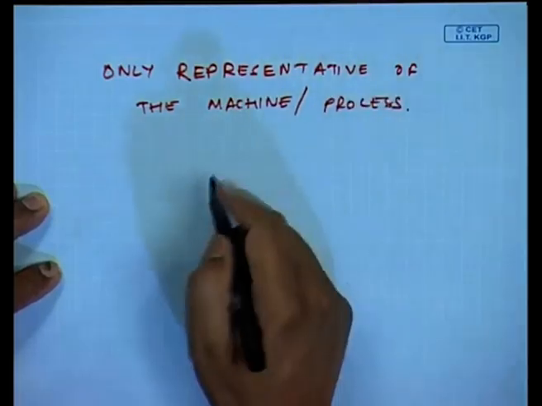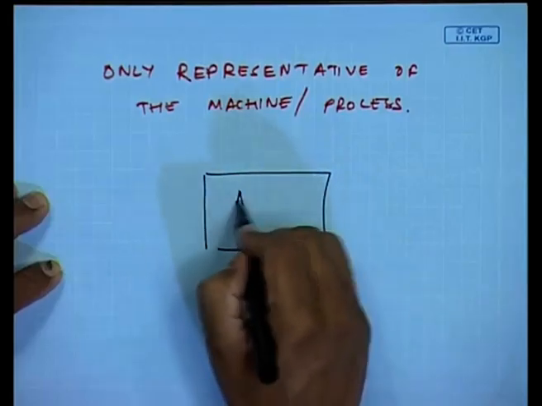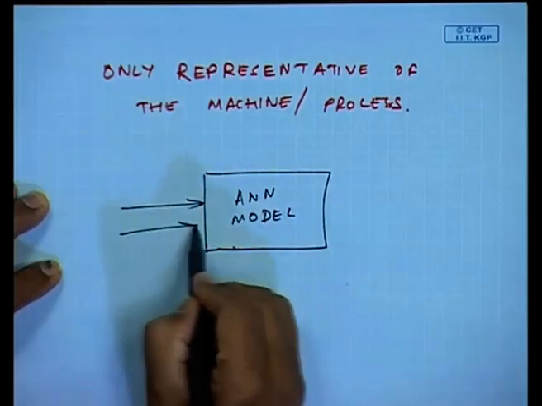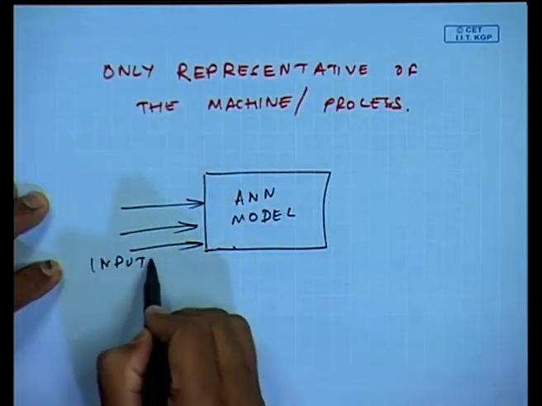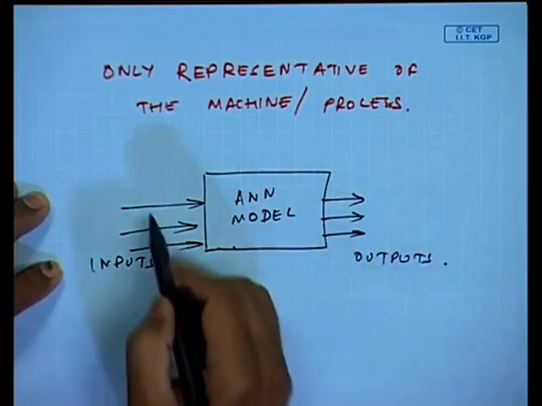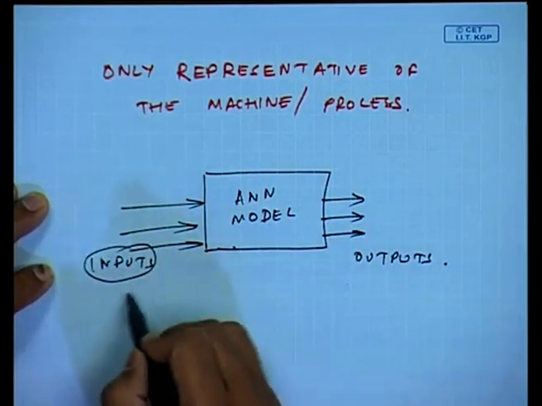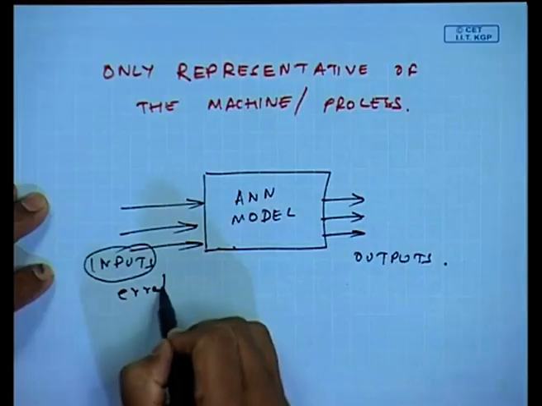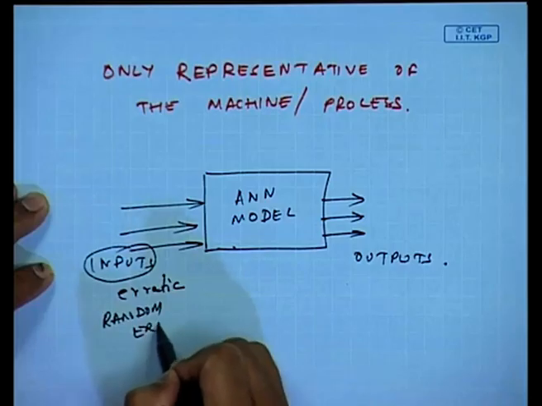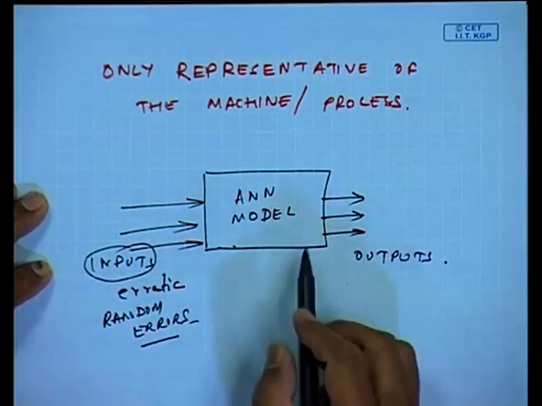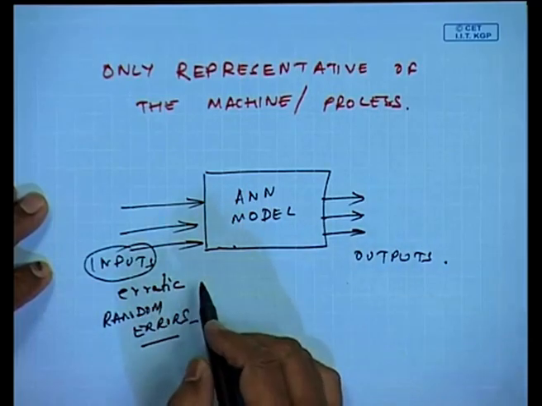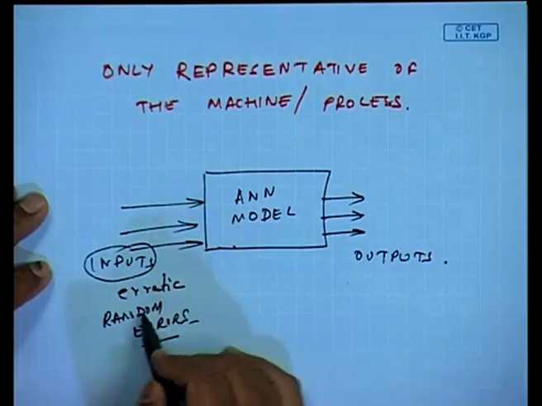Because as I was telling you, for an ANN model, if certain levels of inputs are given and I obtain an output, and if certain inputs are very erratic, having a lot of random error, I would not say that the ANN model will not be able to predict the output correctly, but I would like to have a robust model which would eliminate certain random errors.